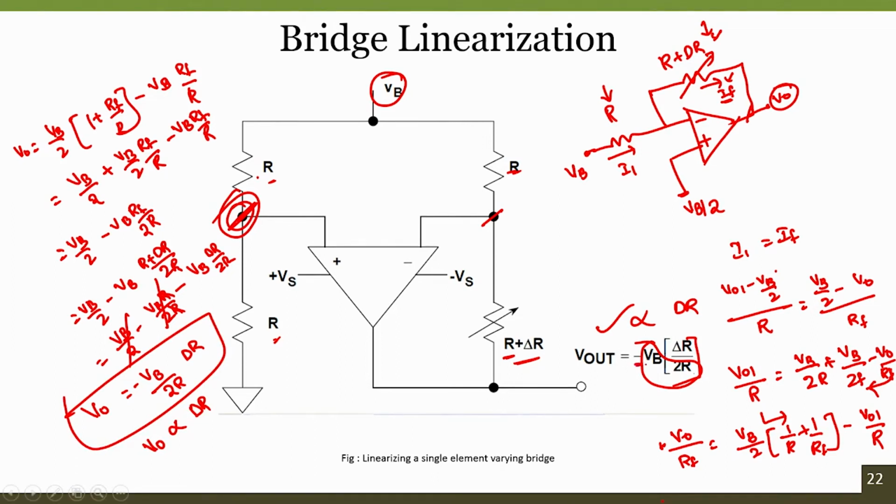Of course, we can use another inverting amplifier configuration in order to remove the phase shift, which can also help us amplify the signal as well as remove the phase shift that we are getting from the previous stage. But in this configuration, by using a single element resistance, we can convert the resistance to a linear output voltage. This is another way of designing a signal conditioning circuit, another approach by using a single element varying bridge to get a linear output. I hope this is clear.